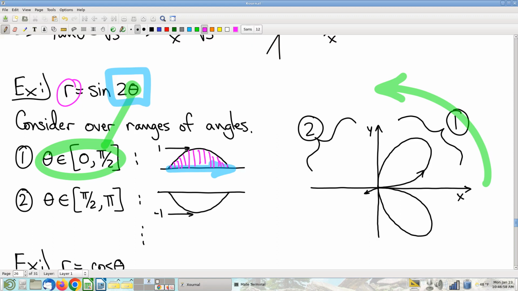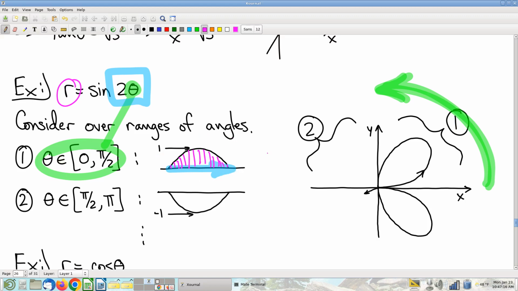So, knowing what r does over what range of angles, you can just come into the xy plane and play it out. I know that as my angle goes from 0 to pi over 2, r is going to do this business here.